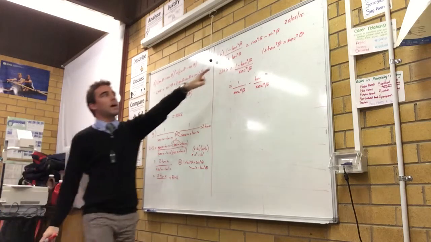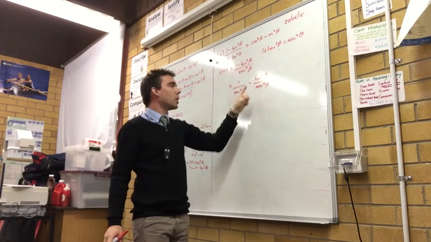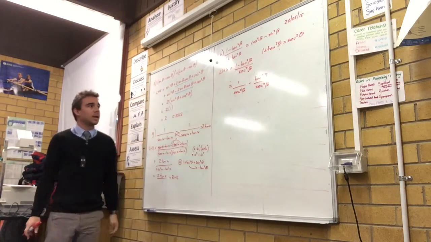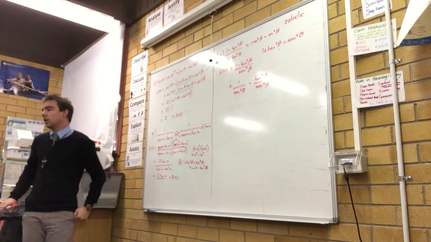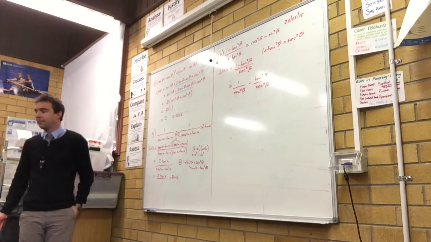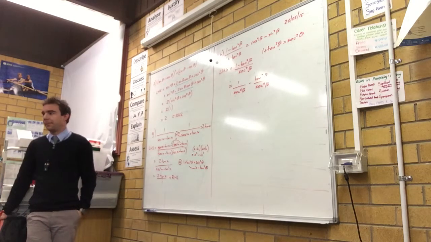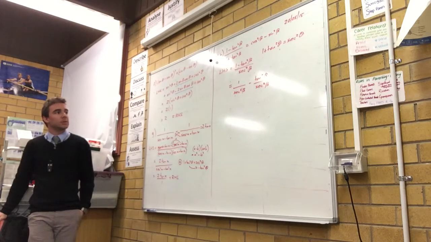Because I'm noting I have two terms here with a minus sign in there. If I can show both sides give me cos or sine, I'll be done. Does everyone understand what I just did there?